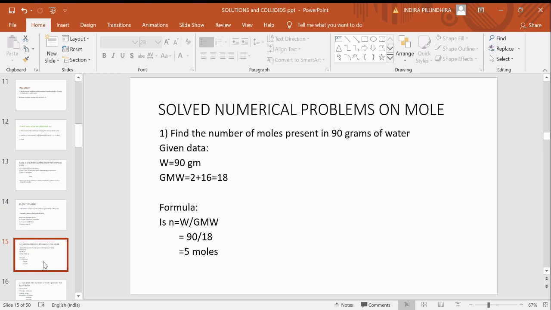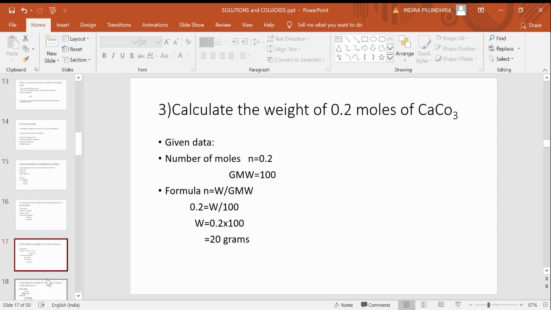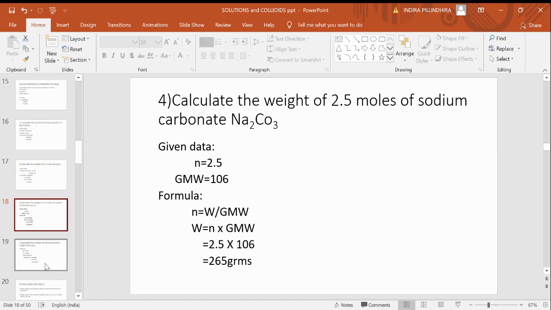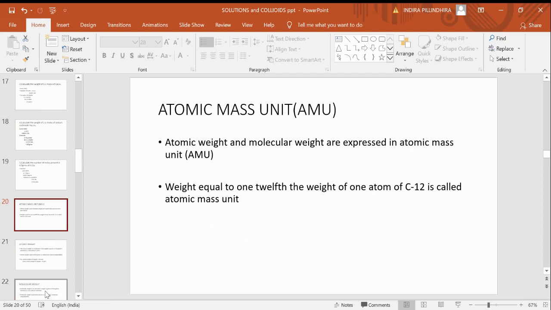We have seen some 4 to 5 types. This is the first type of problem on mole, second problem, third problem, fourth problem, and then fifth problem.